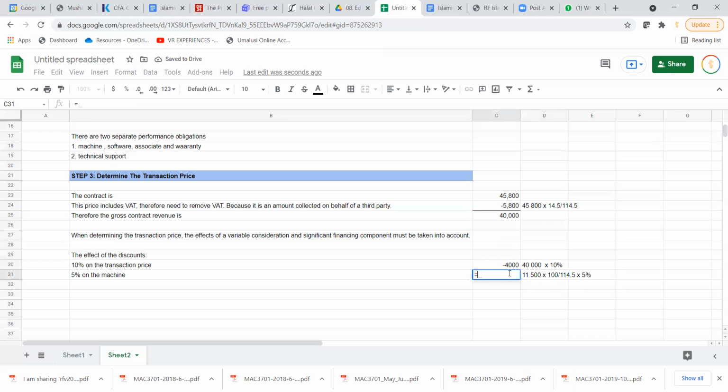So it is equal to negative 11,500 multiplied by 100 divided by 114.5. As you can see, 10,043, that's the exclusive VAT amount. And then we're going to say multiply by 5%. So that would be whatever the discount is, 502 Rand.